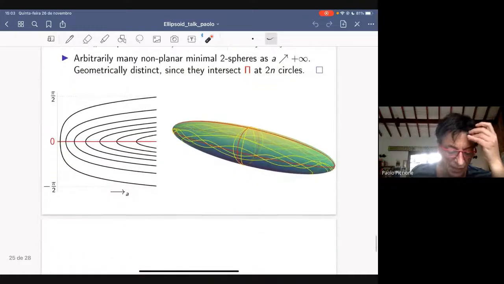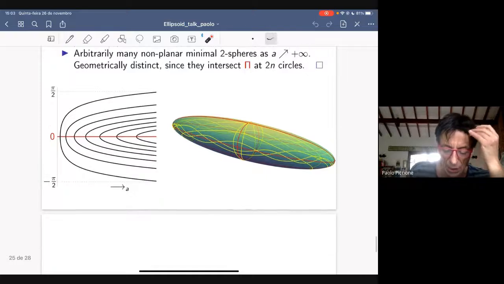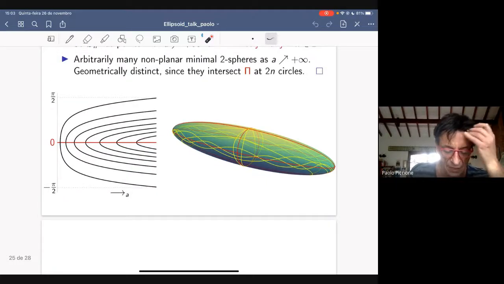And in fact, very recently, we managed to prove a little more, that in fact, all these bifurcation branches have to go to infinity in a sense.